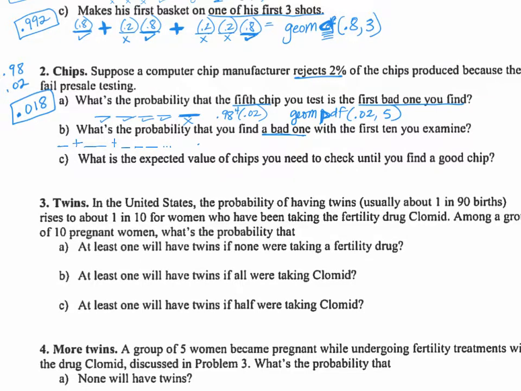Which means you are accumulating all of those specific placements of the bad one. You find a bad one within the first 10 that you examine. So you could do this, a bad one, 0.02, amongst the first 10.